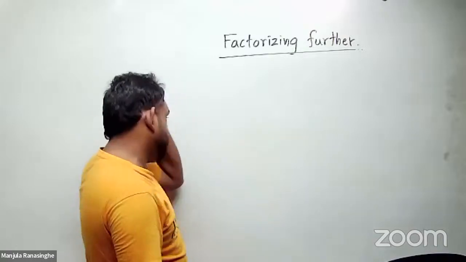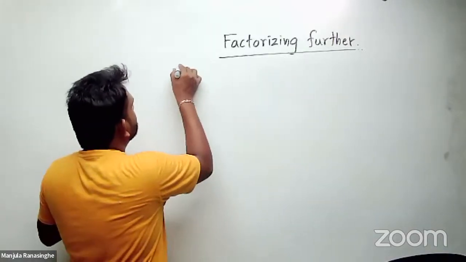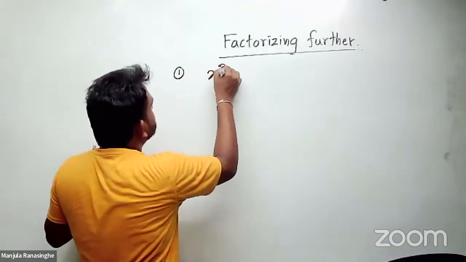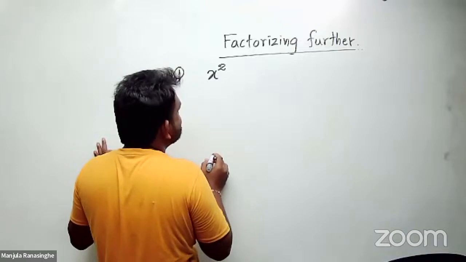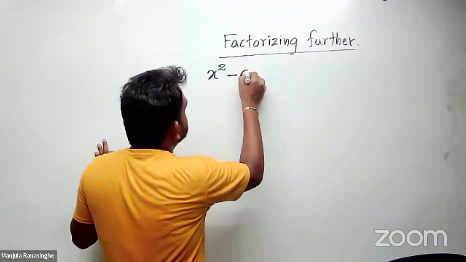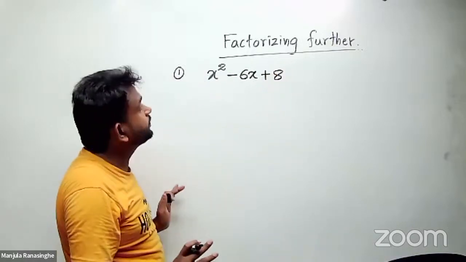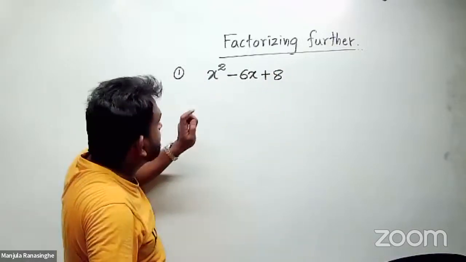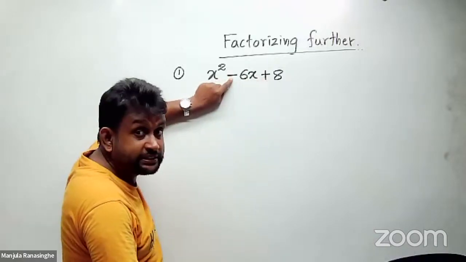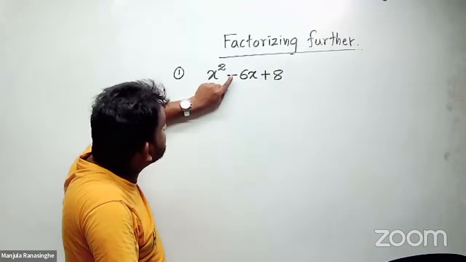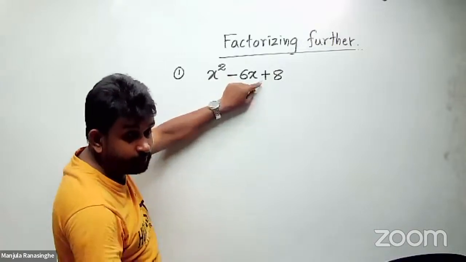Right, okay. Now, this is the second category. Understand very well. We have x squared minus 6x plus 8. In this category, carefully see, the last sign is positive, but the middle term is negative. Previously both terms were positive, right?